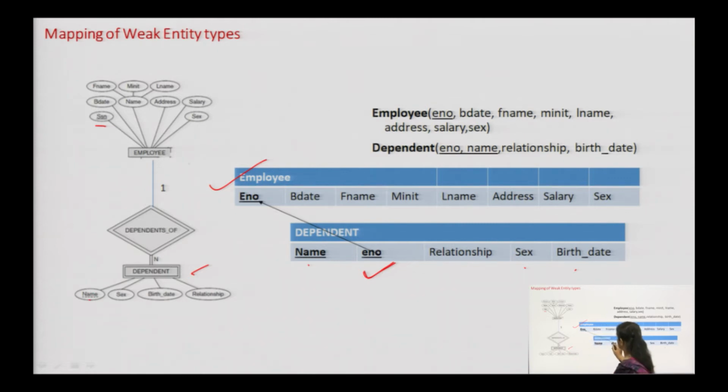So, this over here refers to this ENO over here, which is the primary key of employee, and the primary key of the weak entity type dependent will be the combination of name and ENO. So, the primary key will be name plus ENO, name being the partial key and ENO being the primary key of the strong entity type.